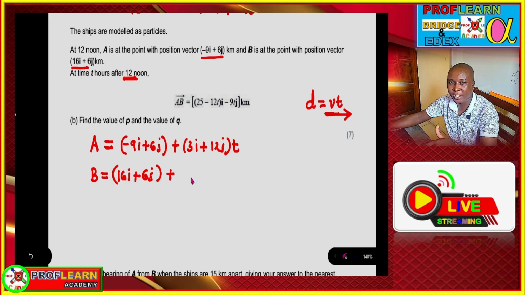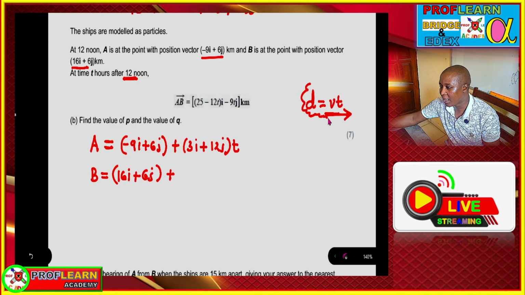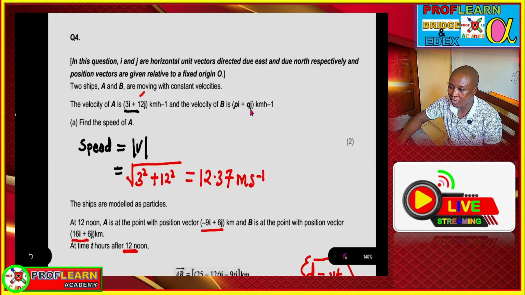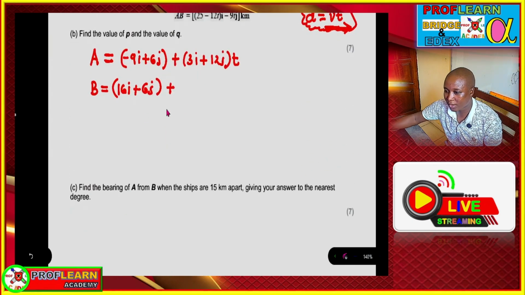So in order to find the new position, we have to add the displacement covered after some time. But remember, we were not given its velocity. It was pi plus qj. So it is going to be pi plus qj, and this is going to be after the time t.